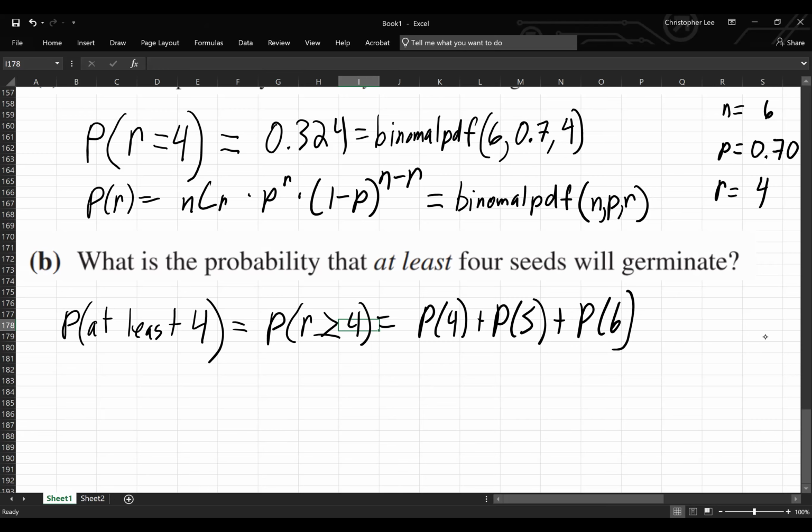So now all I have to do is go to the table, find these 3 answers, and that's it. Or you could use a calculator. Now you use CDF. That's the answer. So let's look at the table real quick.